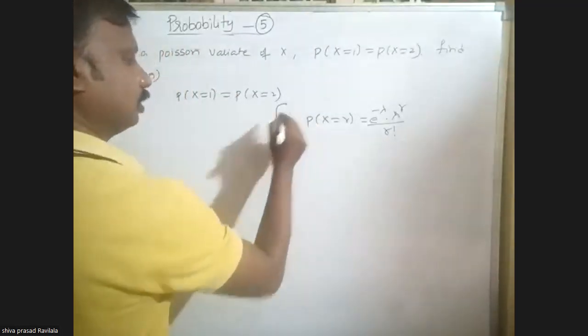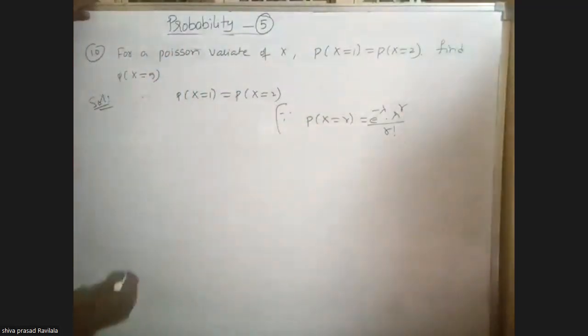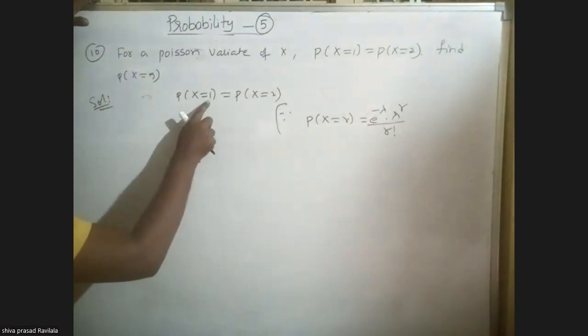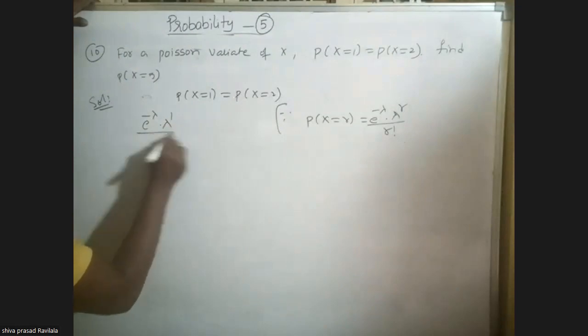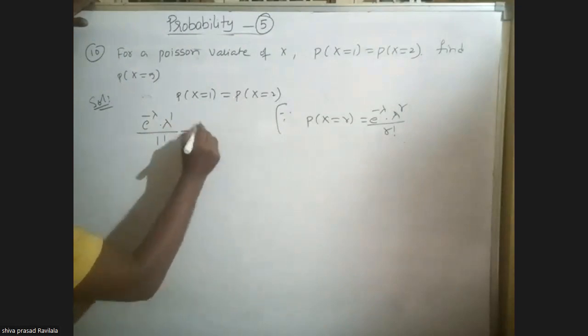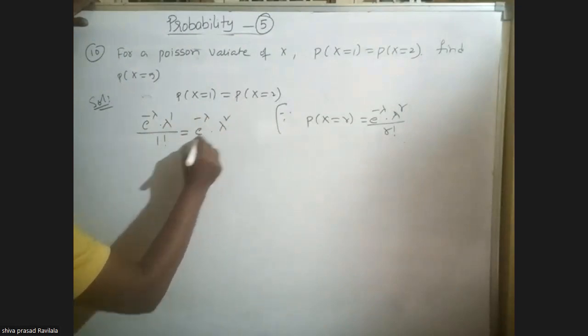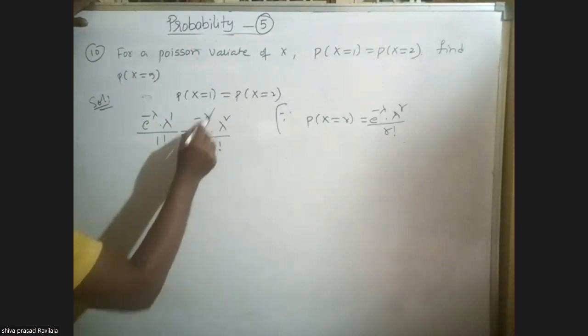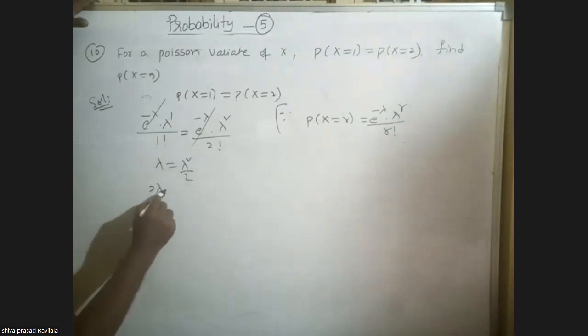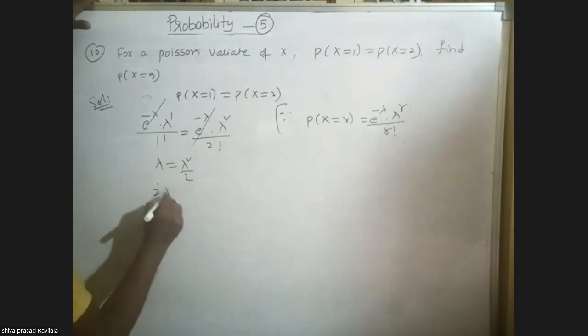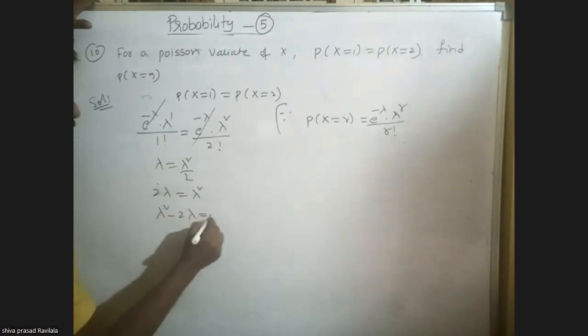For X is equal to 1, in place of r we have 1: e power minus lambda into lambda power 1 by 1 factorial equals e power minus lambda into lambda square by 2 factorial. e power minus lambda cancels, one lambda cancels. Here we get 2 lambda is equal to lambda square, that is lambda square minus 2 lambda is equal to 0.